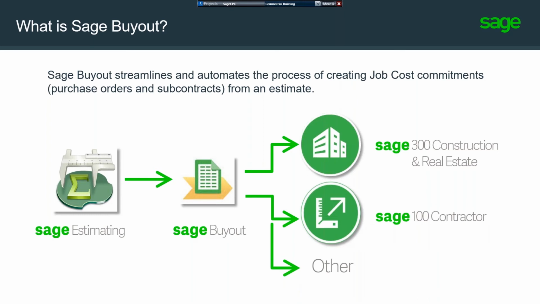Currently, the 2 Sage systems are the only ones that Buyout integrates with, but there may be others coming as the developers work on that. It's being developed by Event One Software, and they will consider integrating with other ERP systems other than Sage going forward.